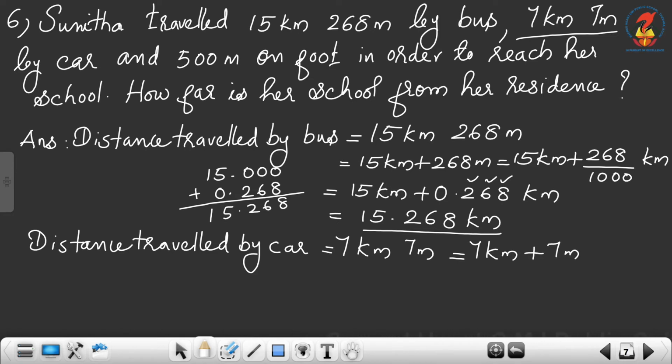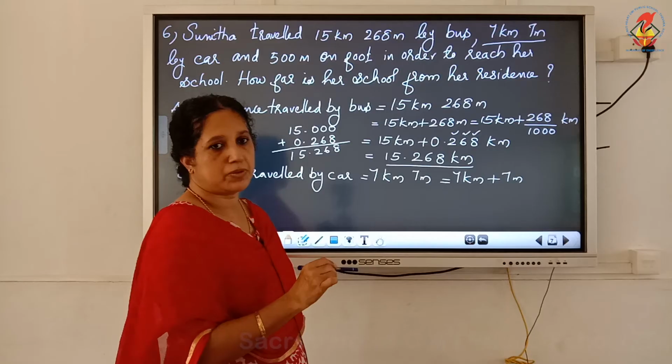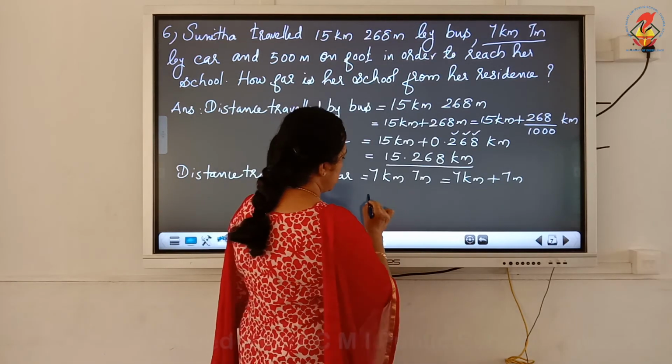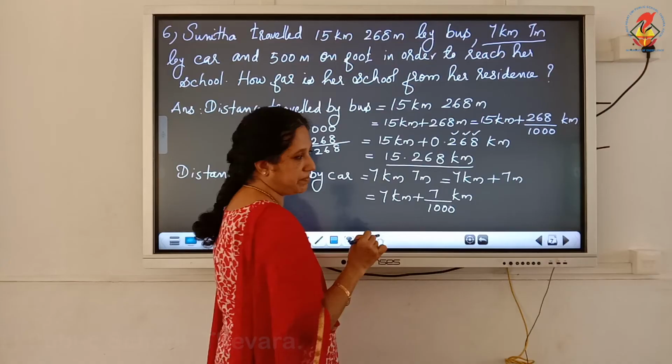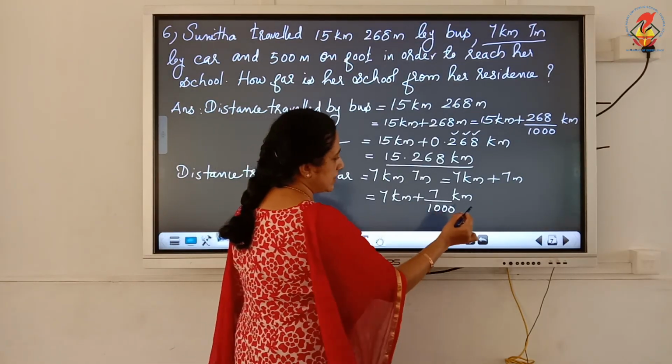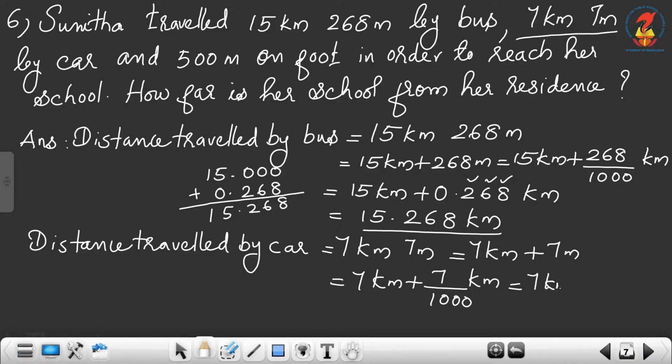Now this meter we have to convert into kilometer. So which is equal to 7 kilometer plus 7 by 1000. Then it will be in kilometer.